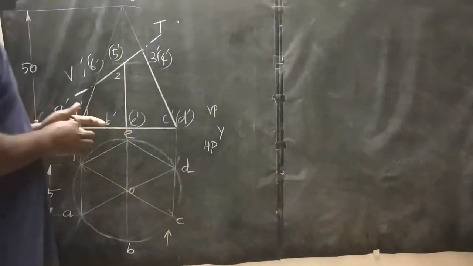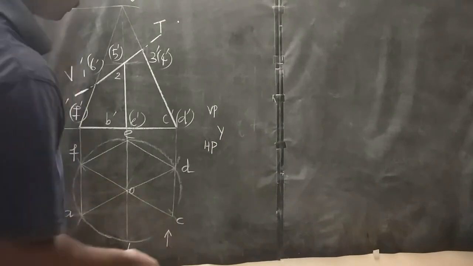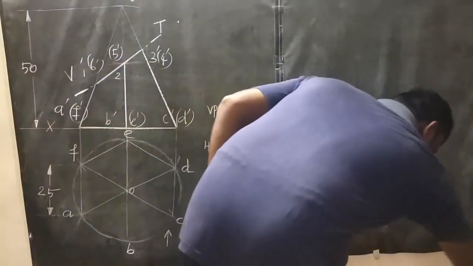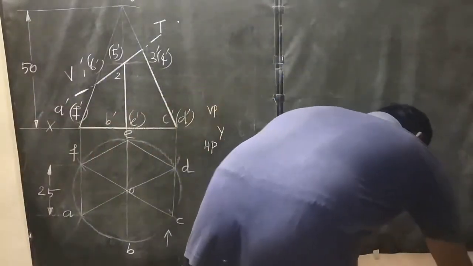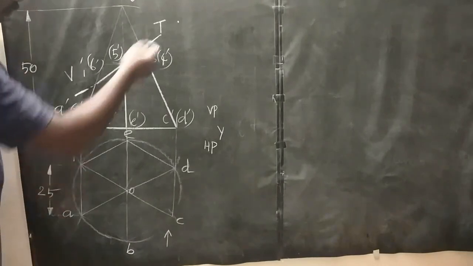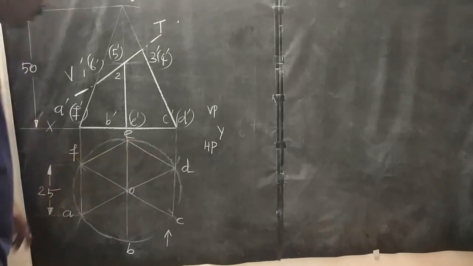Okay, see here. Now, before going to development, draw this outer boundary darkly.